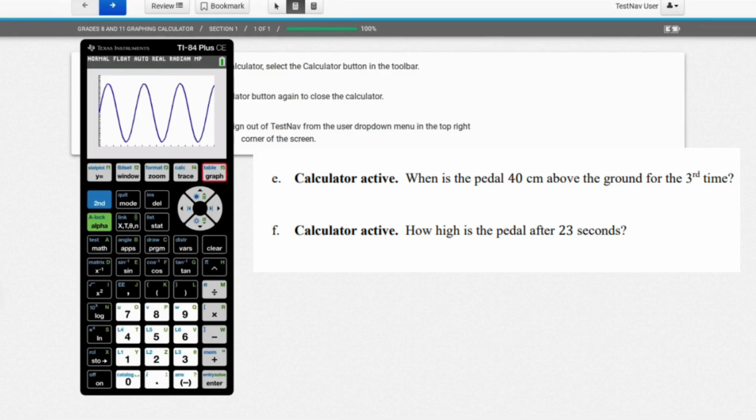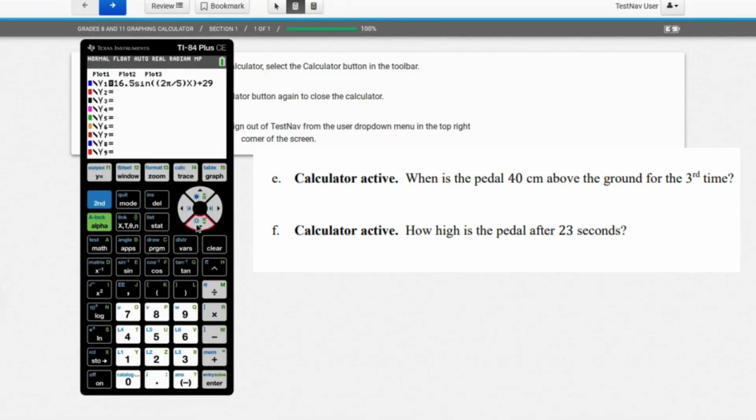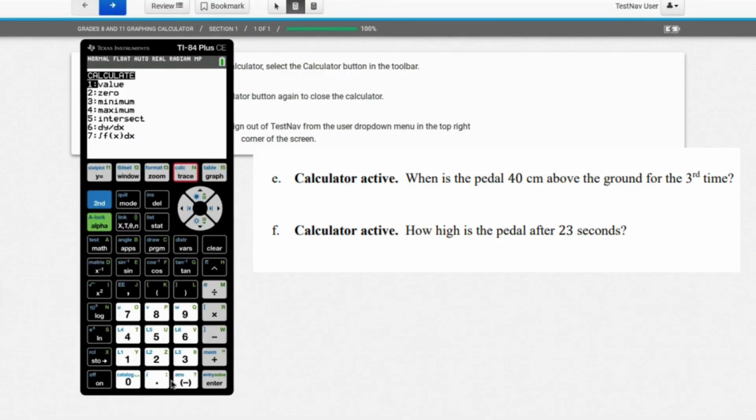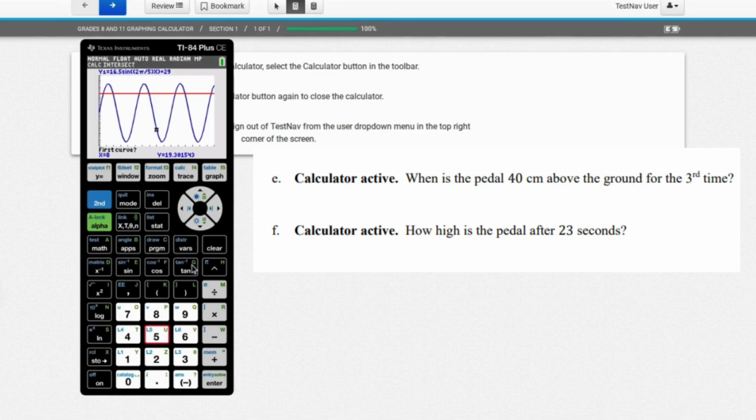Now, E asks, when is the pedal 40 centimeters above the ground for the third time? So let's type out 40 into a second one, 40, and graph it. So first time, second time, third time is right there. So let's find out when they intersect. Second, trace, intersect is going to let us do that.